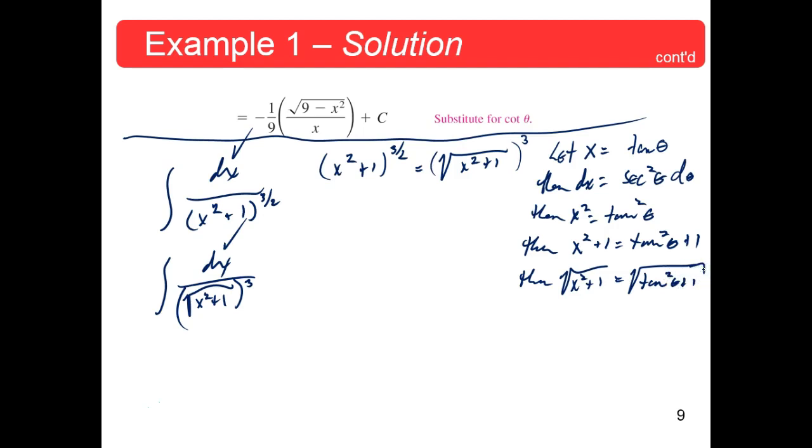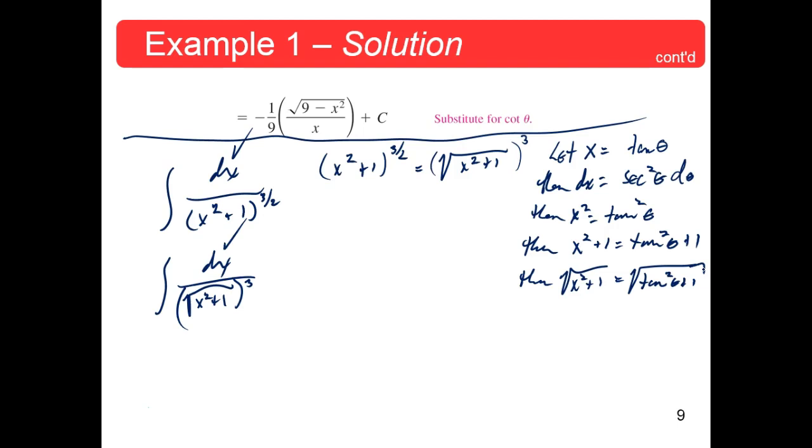Well, what is tangent squared theta plus 1? Anybody? We already had it a time or two today, I think.